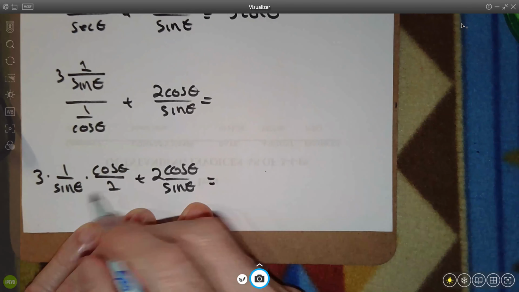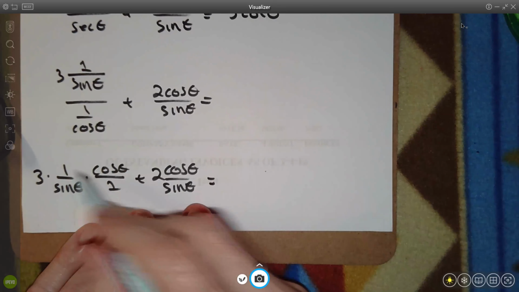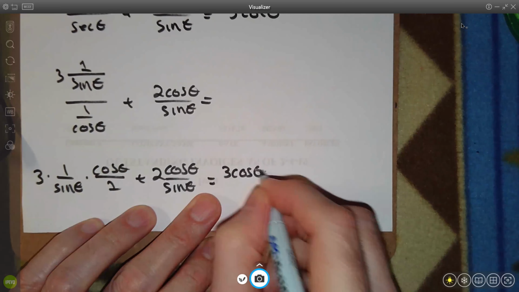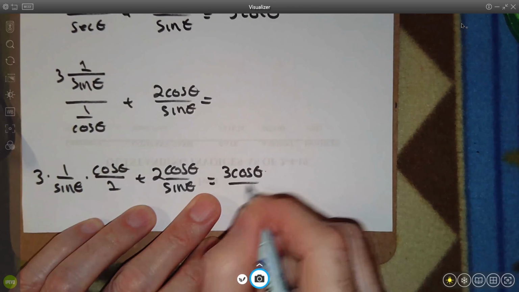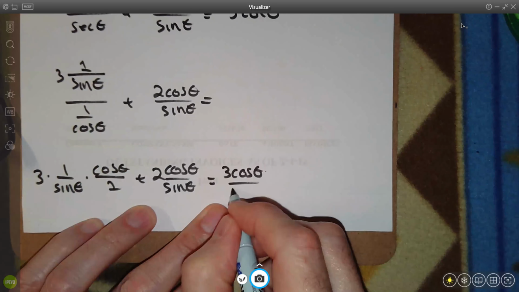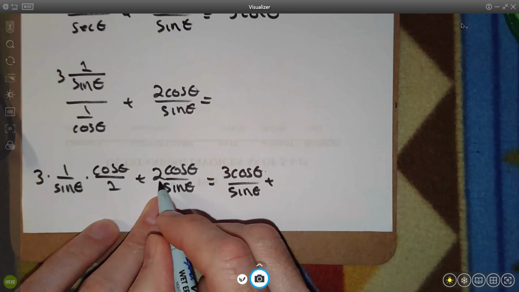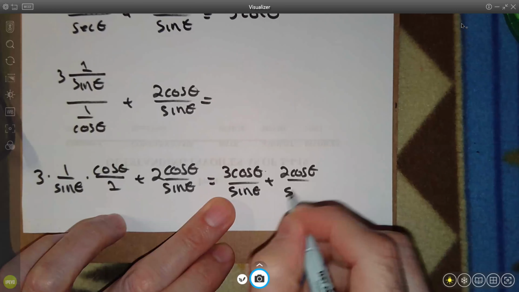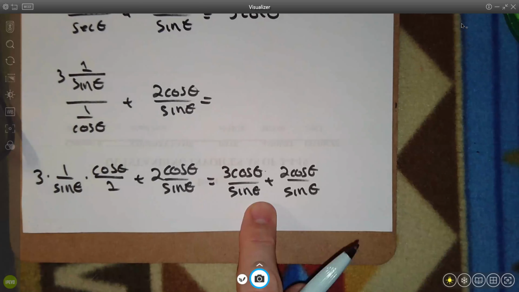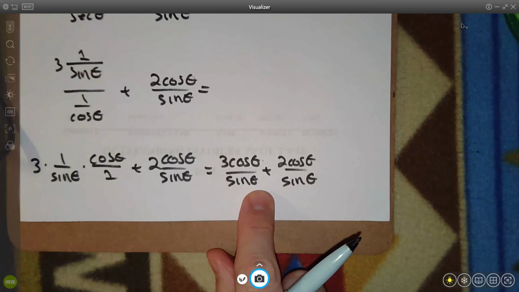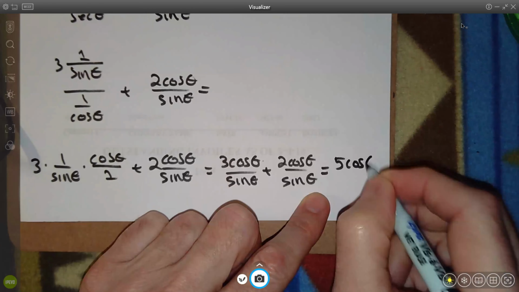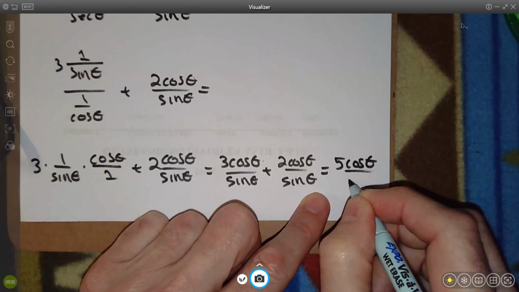No cancellation, but they become cotangent. So it's 3 cosine of theta over sine of theta plus 2 cosine of theta over sine of theta. And these are like terms now. You can directly add those and get 5 cosine of theta over sine of theta.